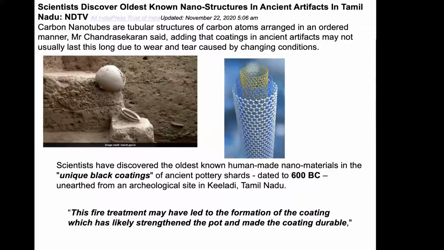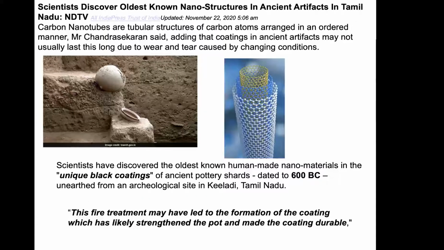You see, 600 BC pots still having a black carbon coating. When scientists from Vellore Institute of Technology analyzed the material, they found that it has something called carbon nanotube, tubular forms of carbon.